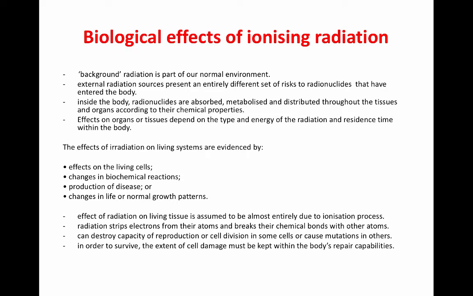The effect of radiation on living tissue is generally assumed to be almost entirely due to the ionization process. Radiation strips electrons from their atoms and breaks their chemical bonds with other atoms. This can destroy the capacity of reproduction or cell division in some cells or cause mutation.